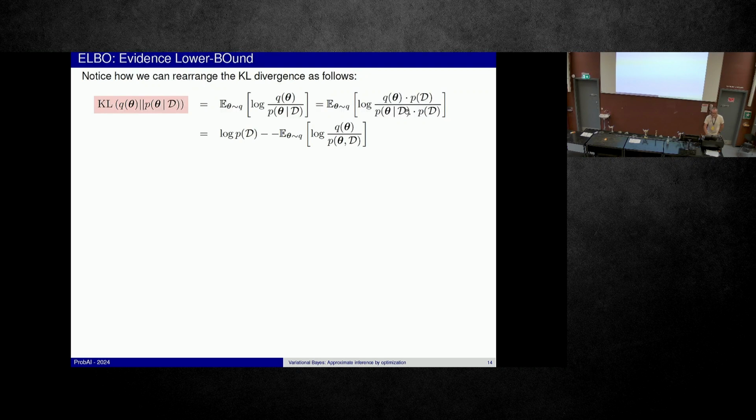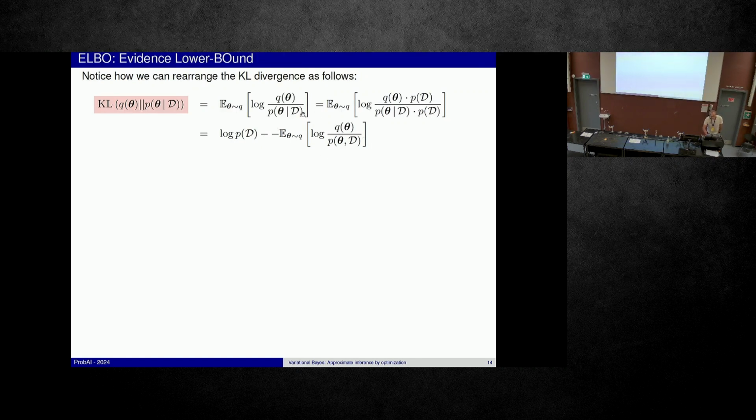And on our way there, we are using that the log of a product is the sum of the logs. So we have the log of this guy plus the log of the remaining part. Then P of theta given D times P of D is of course just the joint, and here we are doing minus minus instead of plus, just to make it a little bit confusing, I guess. So this is also not magic.